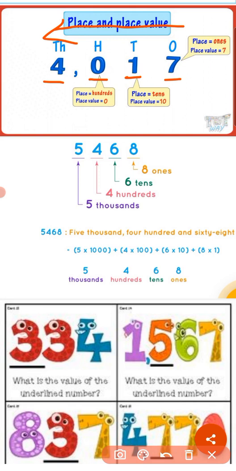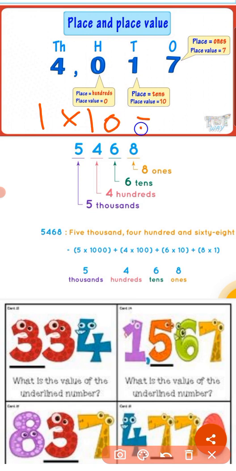Since 7 is in ones place, its value is 7 into 1, 7. Next, 1 is in tens place. 1 into 10, so its place value is 10.